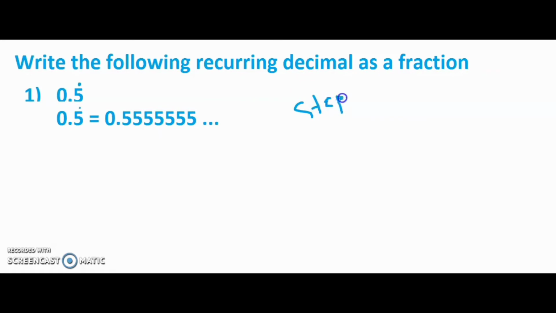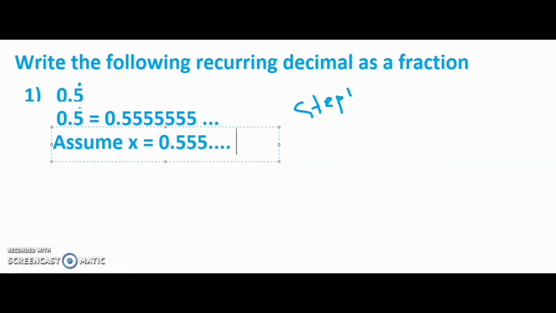Our topic is to convert it into fractional form. So our first step is to assume this recurring decimal as x. So assume x is equal to 0.5555 etc. How many 5s you want, you can write, no issue. Let's name this assumption as equation 1 for our convenience.